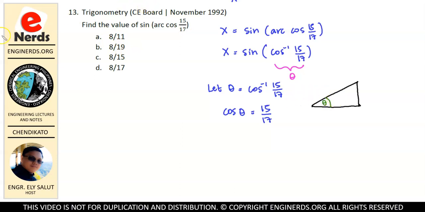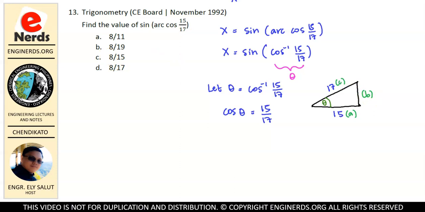Okay, and according dito sa ating given, cosine theta is equal to 15 over 17. And we know that cosine is adjacent over hypotenuse. Okay, so that means our adjacent here is 15 and our hypotenuse is 17. Okay, so let's say this is our a and this is our c. So, we don't know what's the value of our b.